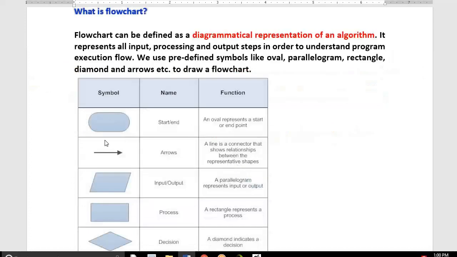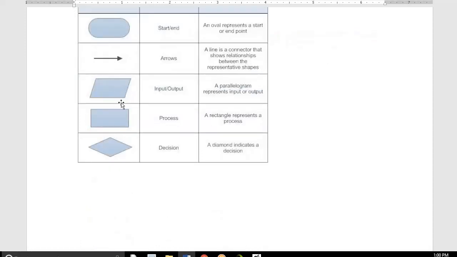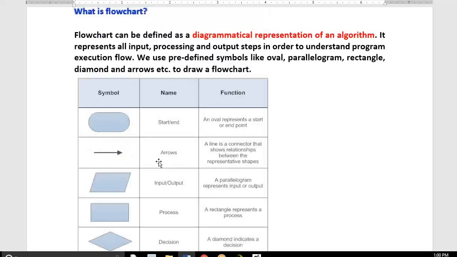Sometimes we use oval or rounded rectangle. Sometimes we use a parallelogram. Why we use oval or rounded rectangle? To represent start and stop of the program. To represent input and output, parallelogram. To represent the processing steps, rectangle we use. For input and output, parallelogram. For calculational steps, processing. For decision making steps, diamond. No problem, day by day you'll come to know.